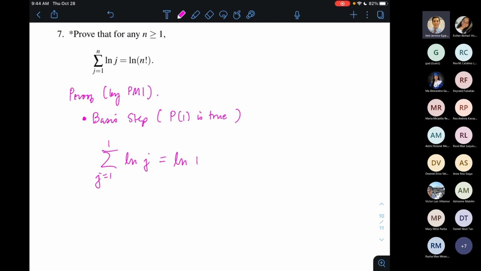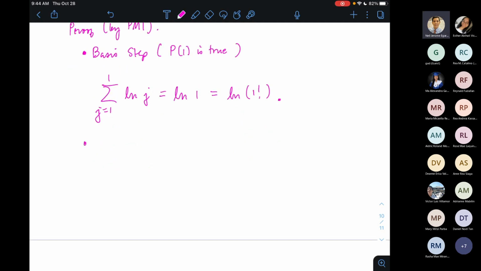Alright? Pero si 1 na nasa loob ni ln, ay pwede kong isulat as 1 factorial. And essentially, this is the specification of the right-hand side to n equals 1. And there we can put a period kasi na-prove natin na totoo yung statement sa n equals 1.